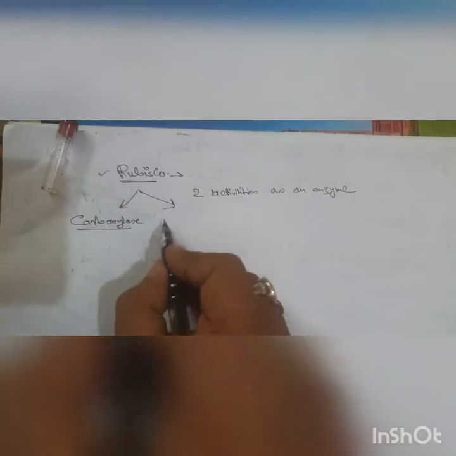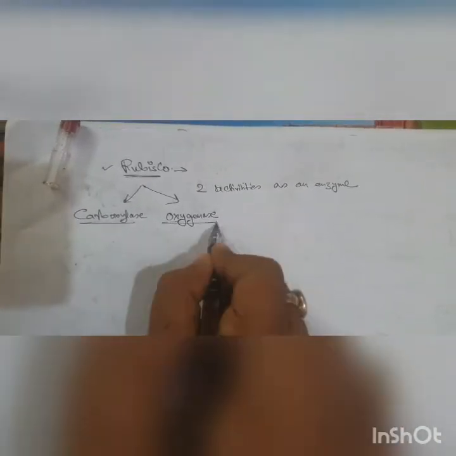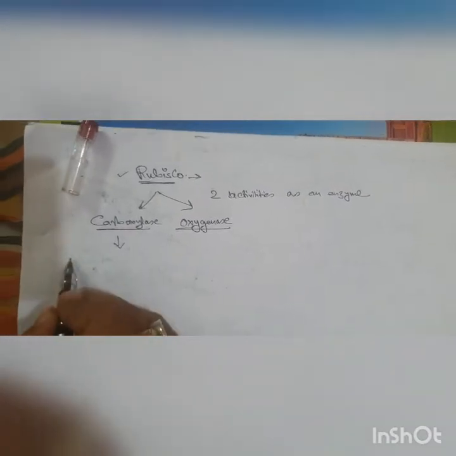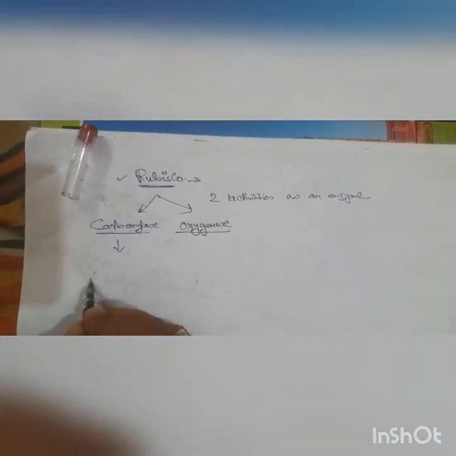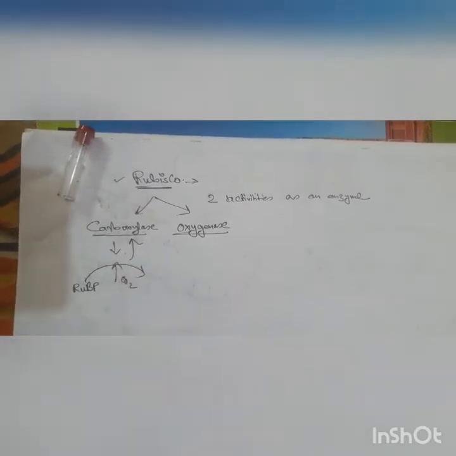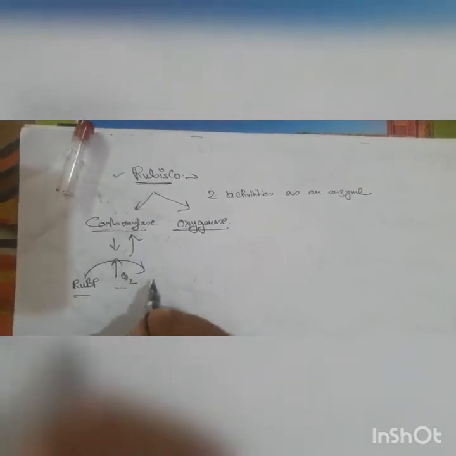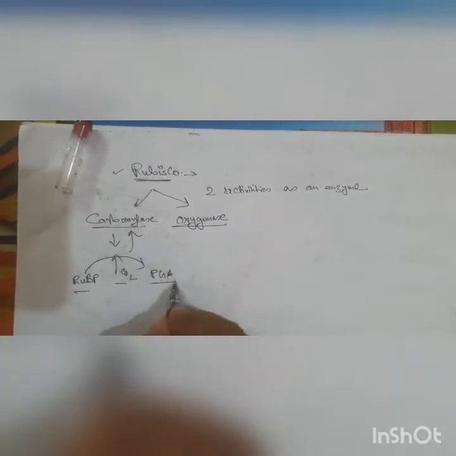The Rubisco can also act as an oxygenase. Carboxylase means the enzyme Rubisco, when there is RuBP, ribulose 1,5 bisphosphate, adds up with a CO2. Its carboxylase action adds up the RuBP to CO2 to create PGA or phosphoglyceric acid.